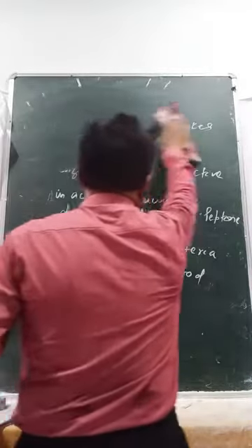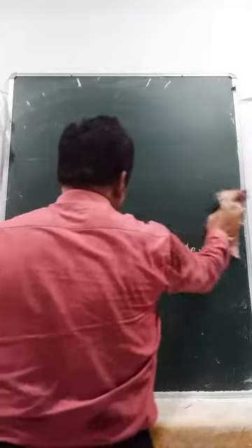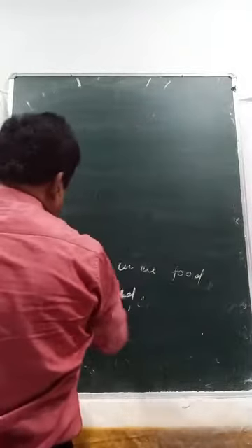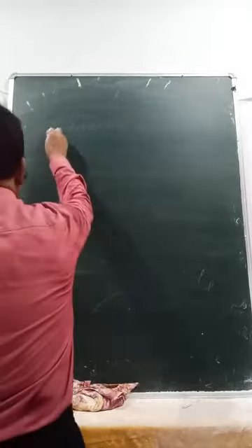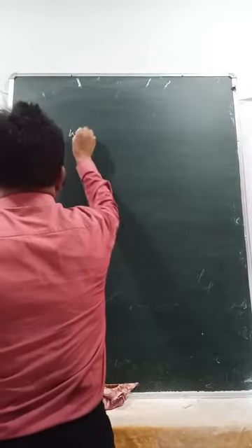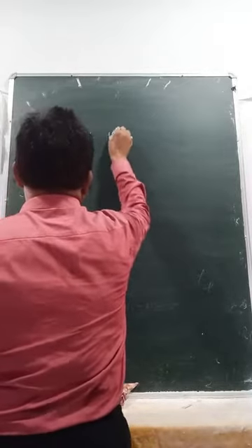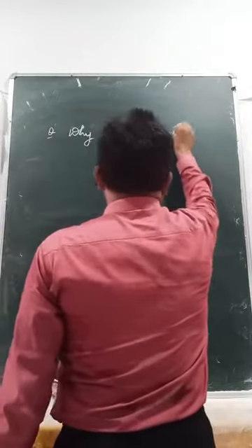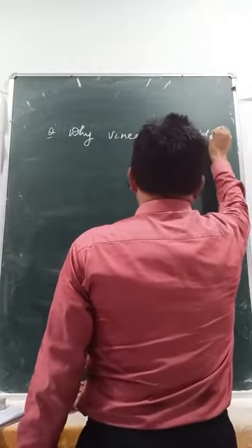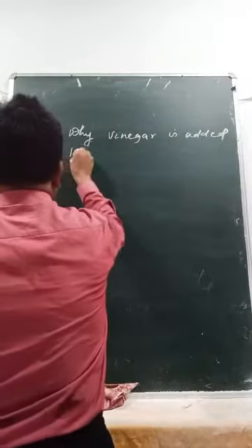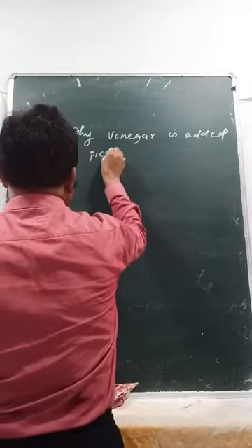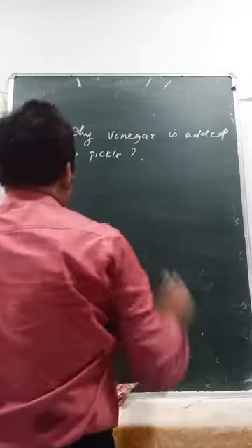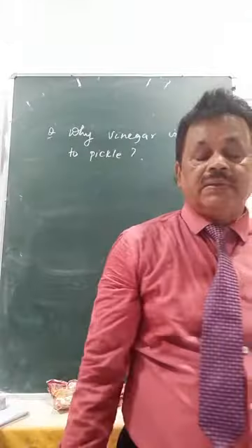Then a very common thing you may be knowing, use of vinegar in the pickle. So you can write a question on that: why vinegar is added to pickle? Very common thing.